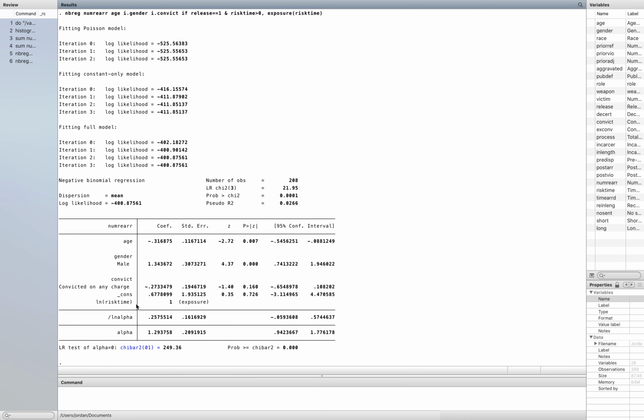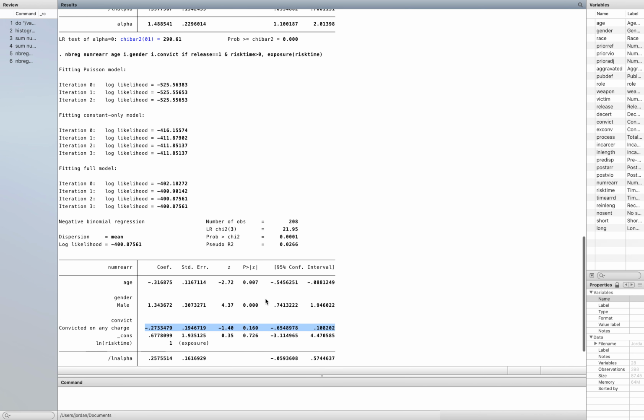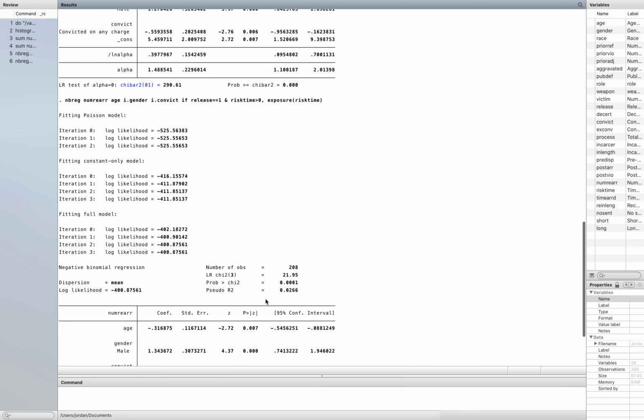But once you account for time at risk as an exposure, it is no longer significant. It is no longer significant. Because theoretically, if people were convicted, they had less time on the street, which means they were less likely to be rearrested, which was this finding here, but was not taken into account.